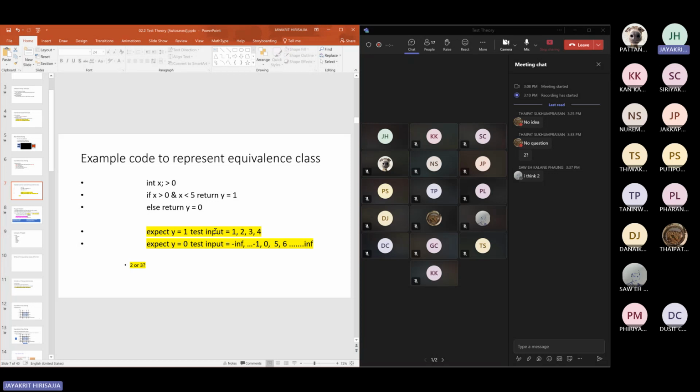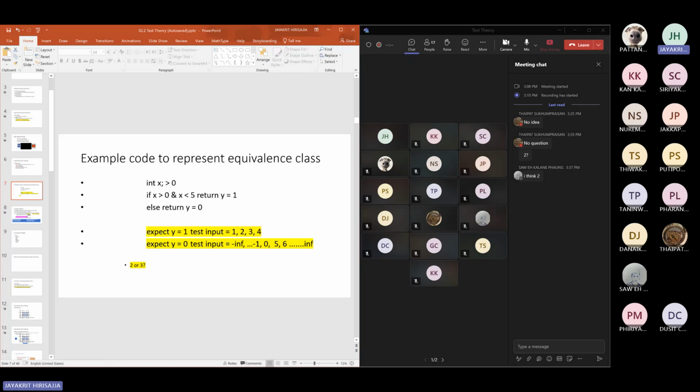I said it's okay. It's based on how you explain what is your idea of what test. Or some people may say that this should be 3. Okay, I accept it. And if you can explain why you want to choose this kind of 3 equivalent class, it's okay. Okay.